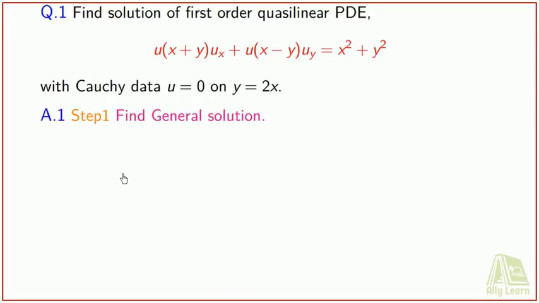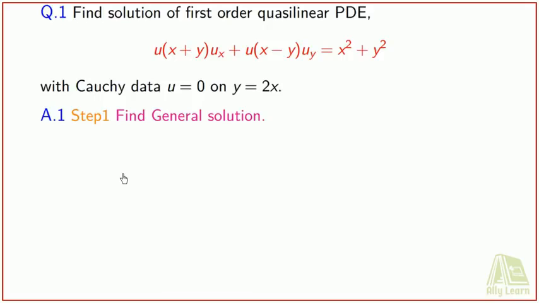We have found the general solution of this quasi-linear PDE using Lagrange's method in our previous lecture on Lagrange's method. So I will be moving on quickly with these steps, but these steps are explained in detail in our previous lecture. If required, you can view that lecture. Okay, so I'll be moving a little quickly with these steps.